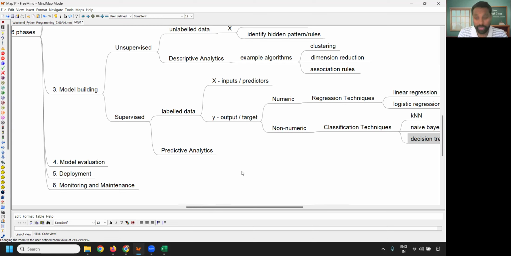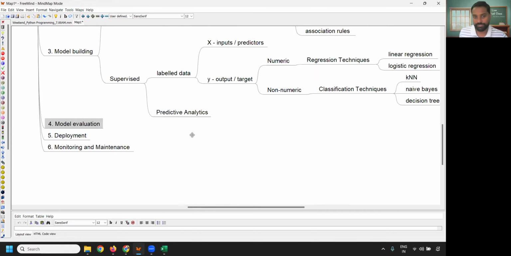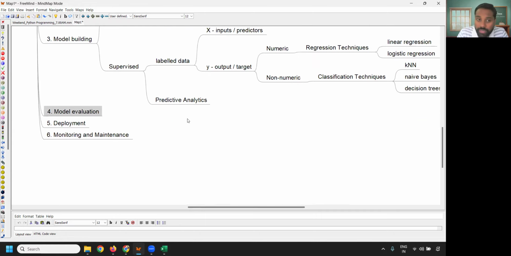We need to check whether the final model, which is representing the pattern in the data, is representing it in a more generalized manner. We need to evaluate that. So for all the algorithms that we use, we also have to think of a model evaluation strategy.